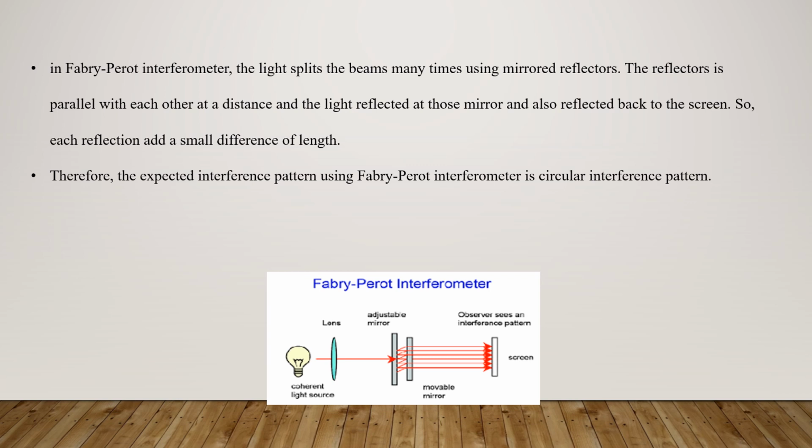In the Fabry-Perot interferometer, the light splits into beams many times using the mirrored reflectors. The reflectors are parallel with each other at a distance, and the light is reflected at those mirrors and reflected back to the screen. Each reflection adds a small difference in length, so it produces an interference pattern, which is a circular interference pattern.